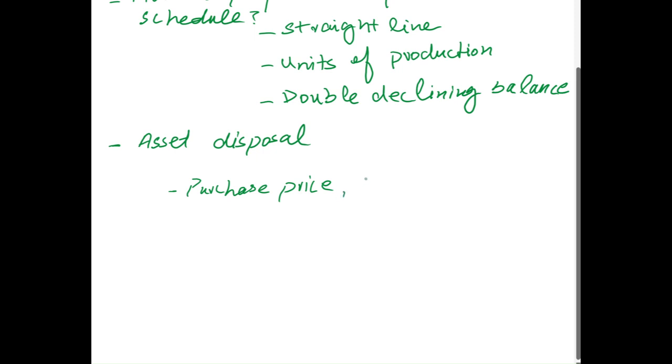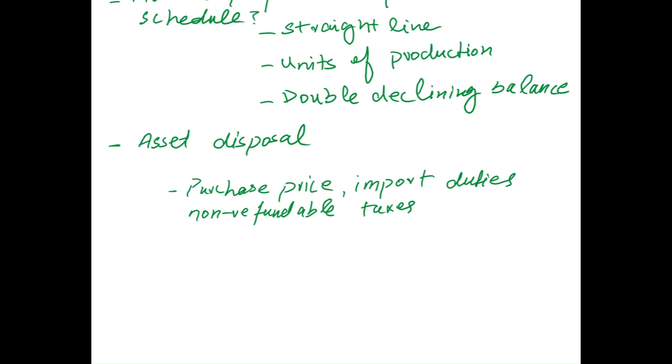And then you also include any import duties that you're going to pay and any non-refundable taxes. So if you pay GST, but you're not able to reclaim it from CRA, then that also gets included in the cost of an asset.